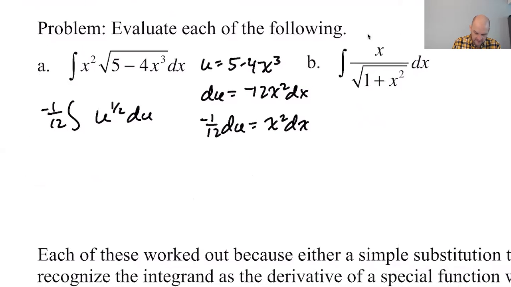Then plus 1 times the reciprocal, that's 3/2, so 2/3, negative 2/36, negative 1/18 u to the 3/2, so 5 minus 4x cubed to the 3/2 plus c.